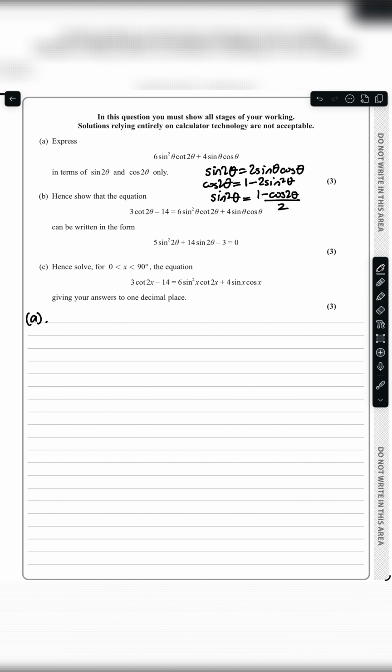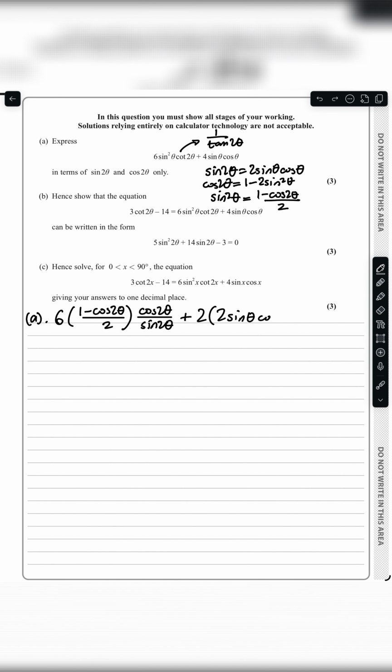We can write our expression as 6 multiplied by 1 minus cos 2 theta all over 2, and given that cot 2 theta is the same as 1 over tan 2 theta, we can write 1 over tan 2 theta as cos 2 theta all over sine 2 theta. We can write cot 2 theta as cos 2 theta all over sine 2 theta plus 2 lots of 2 sine theta cos theta.